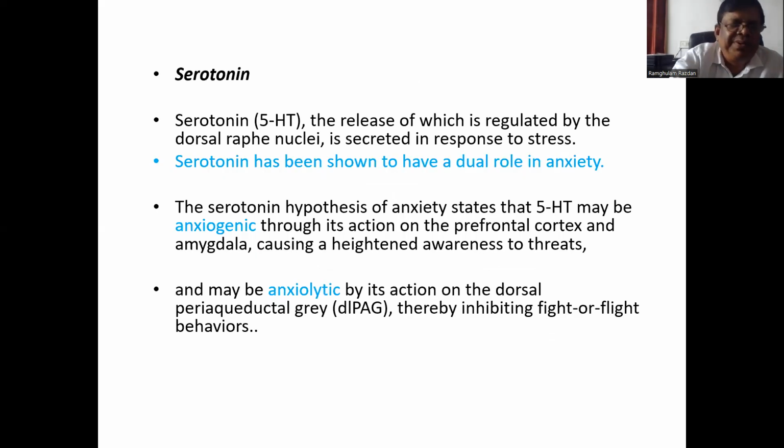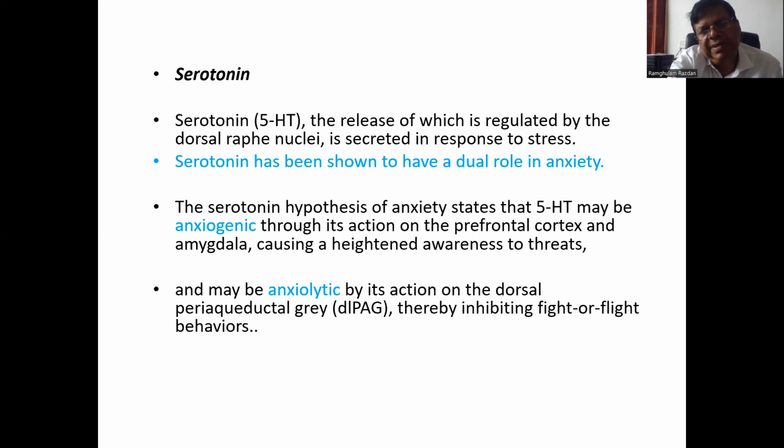What happens to the serotonergic neurotransmitter system in stress? Serotonin, or 5-HT, the release of which is regulated by the dorsal raphe nuclei, is secreted in response to stress. Serotonin has been shown to have a dual role in anxiety.